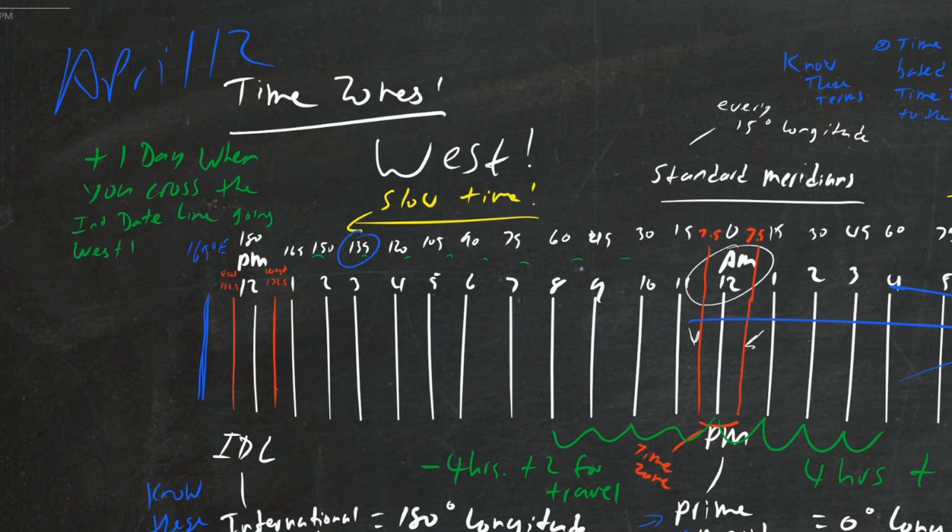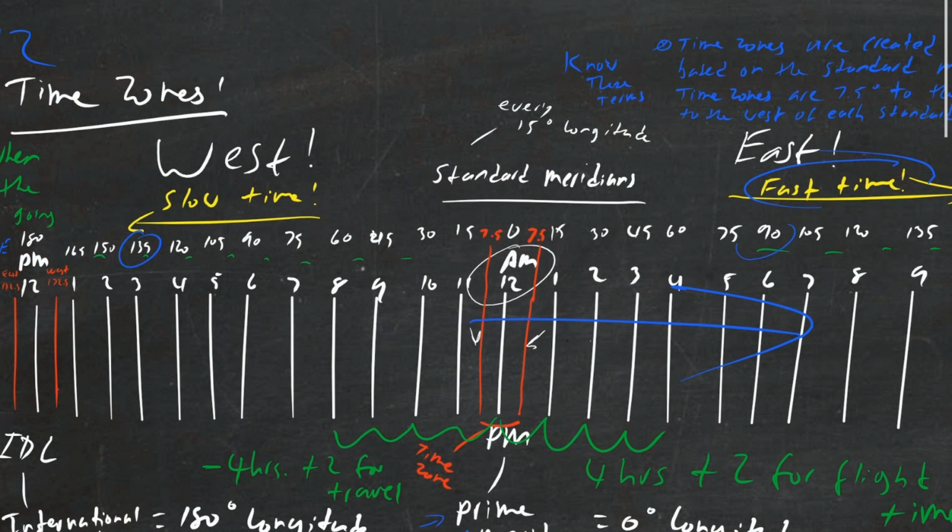Now, let's pretend for a second that you're going, again, from 90 degrees east and you're crossing the international date line, going in the direction of east to get to where it is at the same time, 9 o'clock a.m. at 135 degrees west longitude. But it takes you 10 hours to do that. So, not only would you factor in the time zones and the loss of a day, but you would then add 10 hours to that.